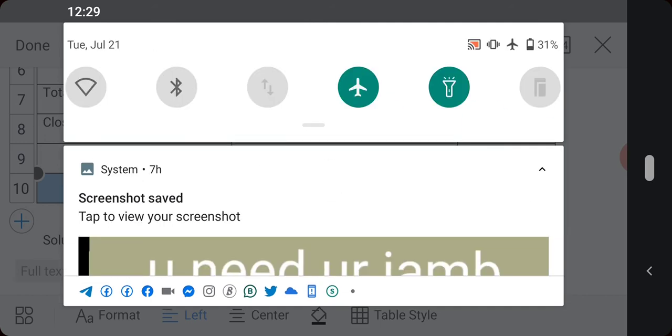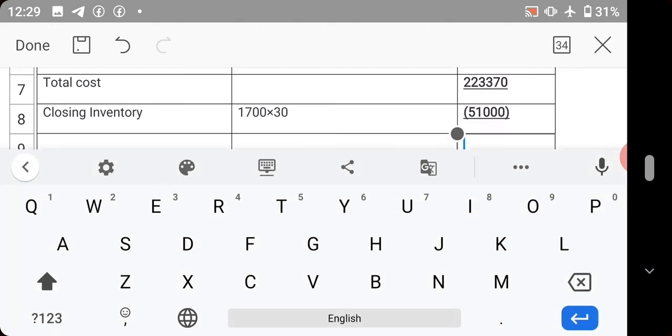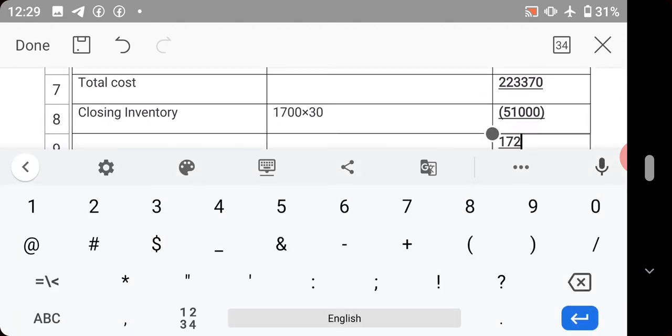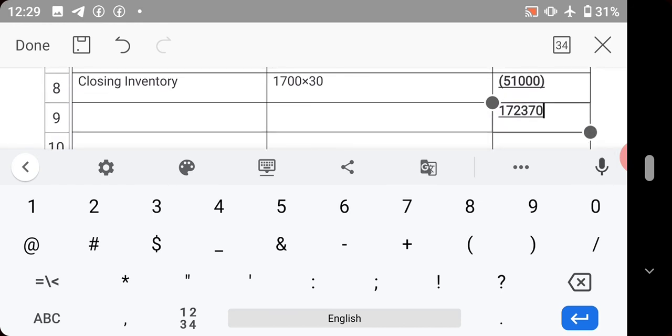So we now have 223,370 minus 51,000. That will give us 172,370.